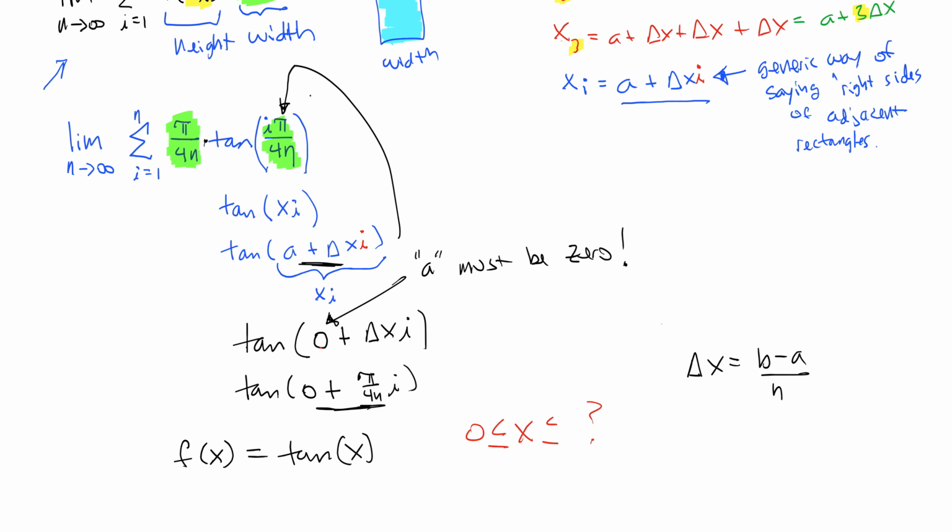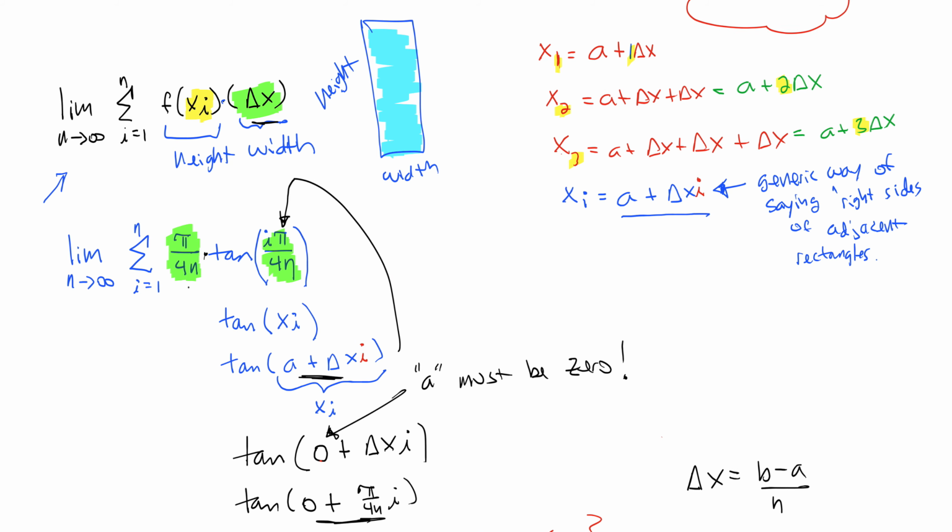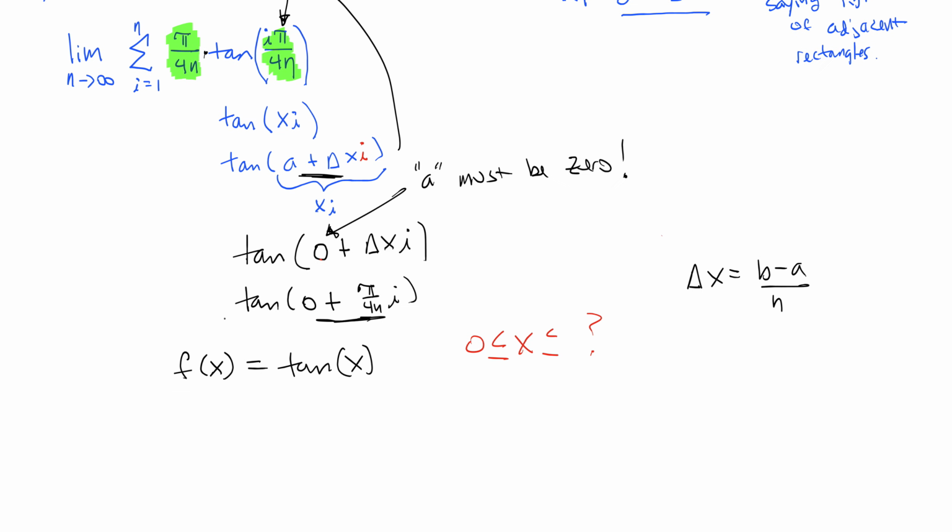So delta x is pi over 4n. All right, so pi over 4n equals b minus a over n. But we know a is 0. So then we have pi over 4n equals b, which is what we're looking for, minus a, which is 0 right there, over n.